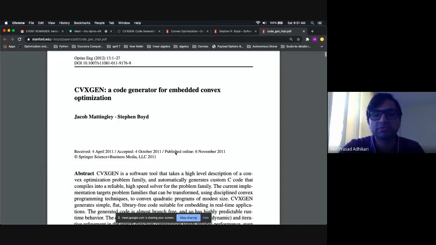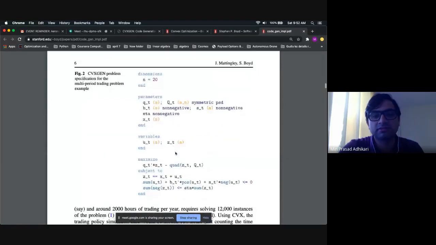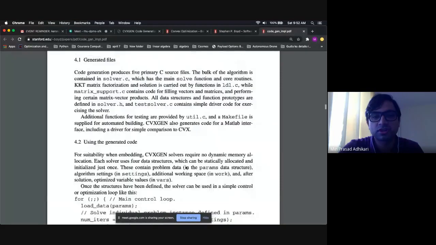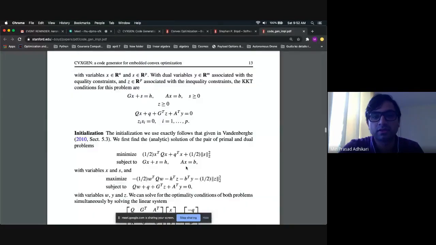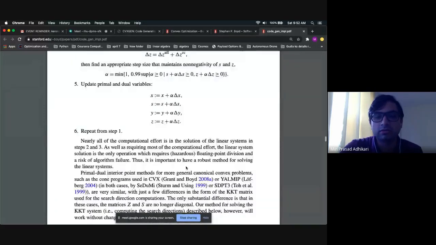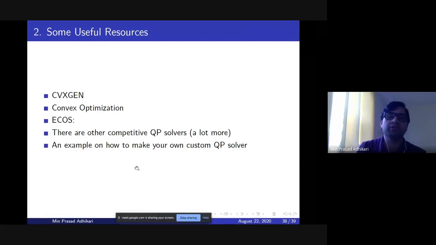It has been discussed here, with an example given, and some information on what algorithm has been used, what the approaches are, and how we solve these KKT equations, things like that have been briefly discussed. So overall, if you're interested, you may want to look into that.